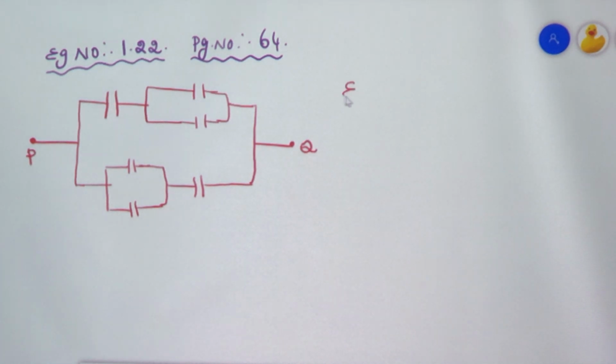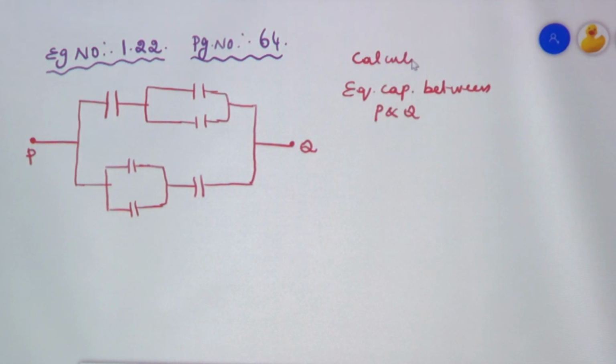So you are asked to calculate the equivalent capacitance between the points P and Q. The values are being given. What are the values?